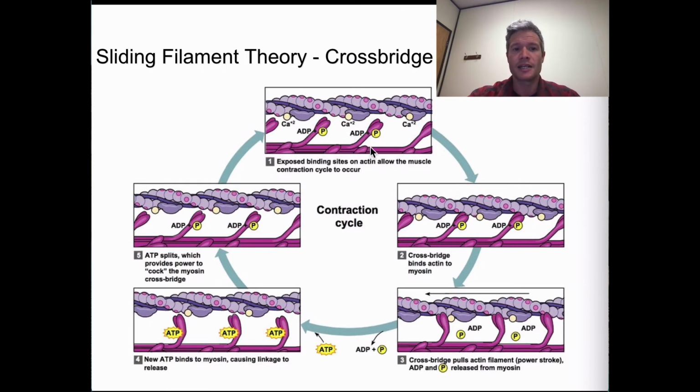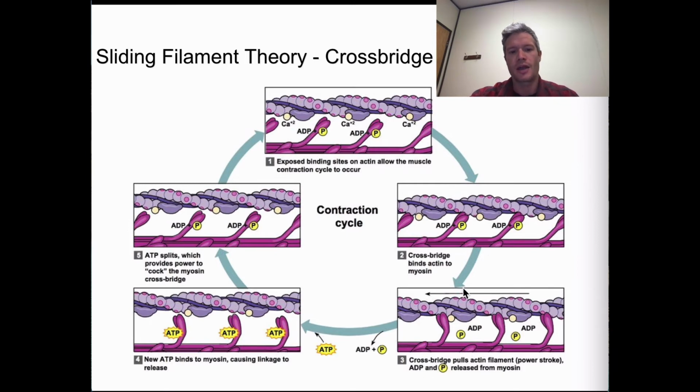And myosin at this point in time is in a cocked or set position. It's a ready position. And so once those active sites are exposed, this active, charged, ready to go myosin will attach. So we see this cross-bridge moment where myosin attaches to actin.